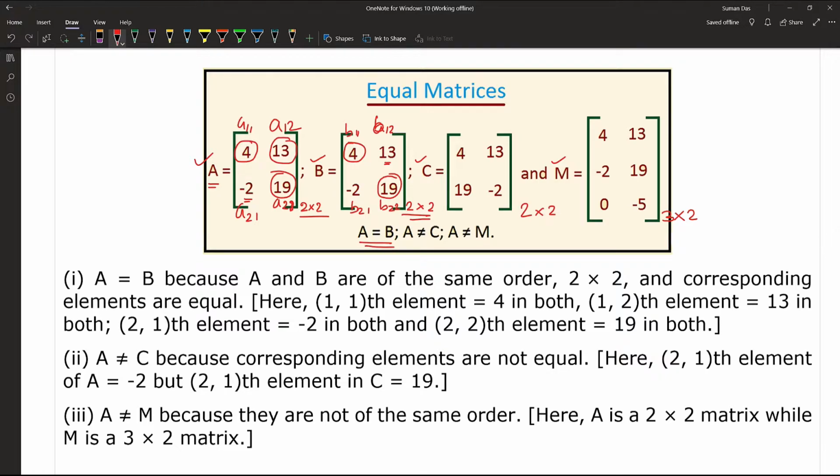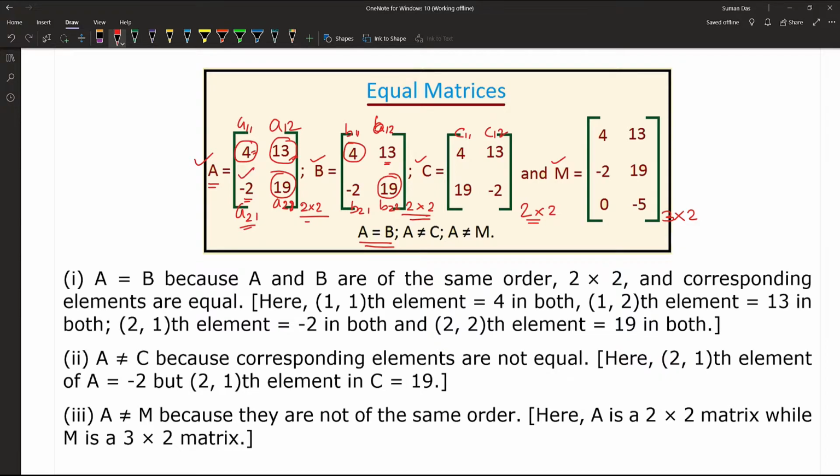Now we check A with C. C11 is equal to 4, and A11 is equal to 4. A and C are of the same order, 2 cross 2. Then A12 is equal to 13 and C12 is also 13.